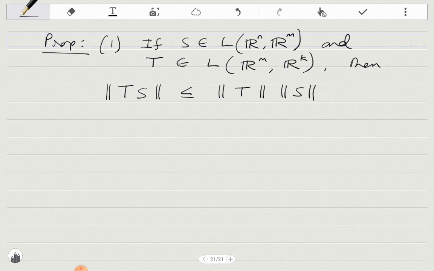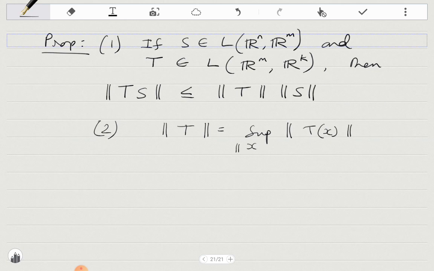The second thing is other ways of writing slight variations of the definition of the operator norm. They're all equivalent. So let me mention these. The operator norm of T can also be written as sup of norm Tx.